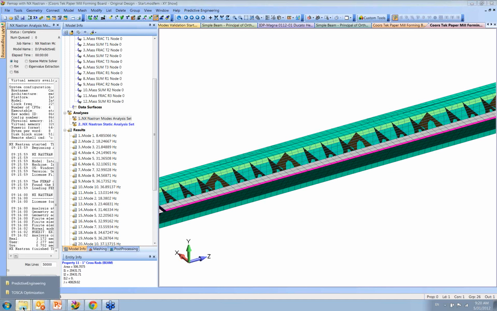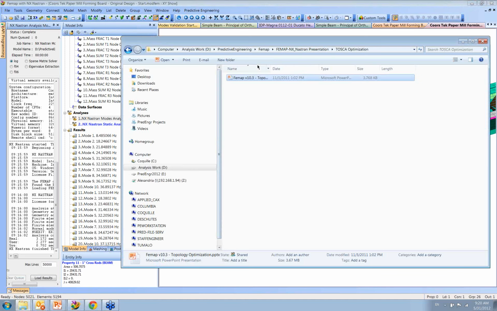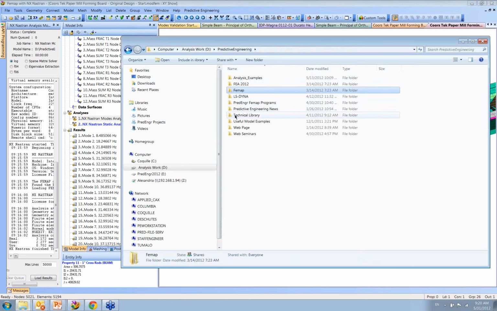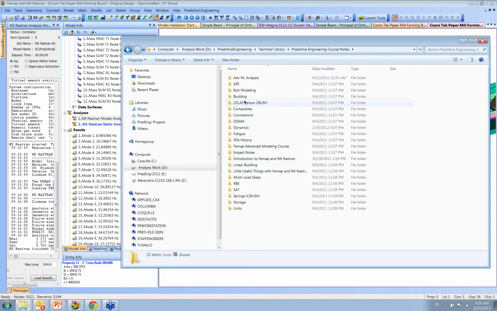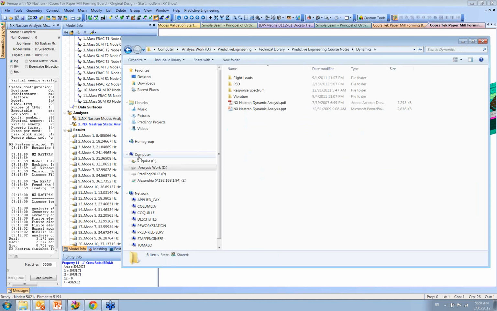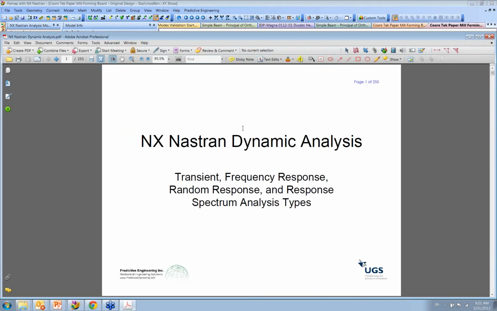There's also one other thing I want to mention. I'm going to put this out with the package. Technical library, Predictive Engineering course notes, because I want to put this with the linear vibration material. It's this thing here, which I actually got many years ago.